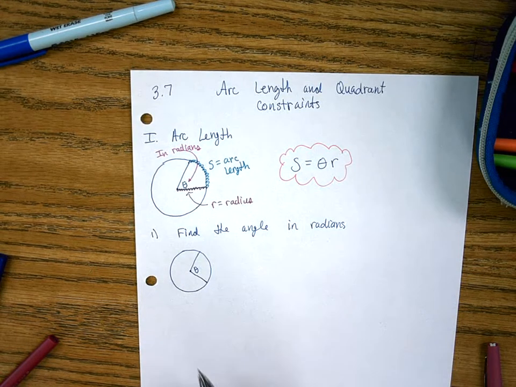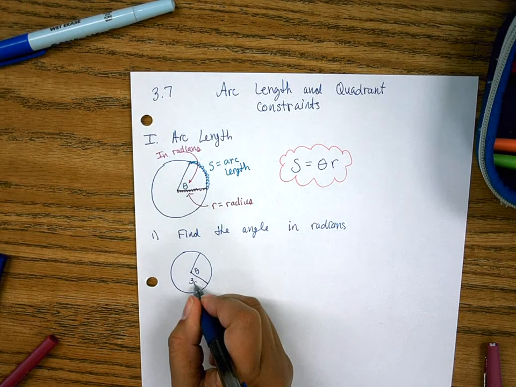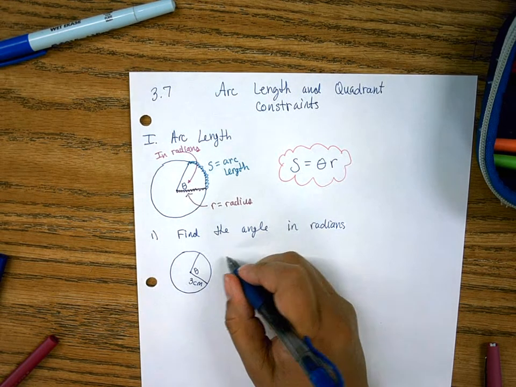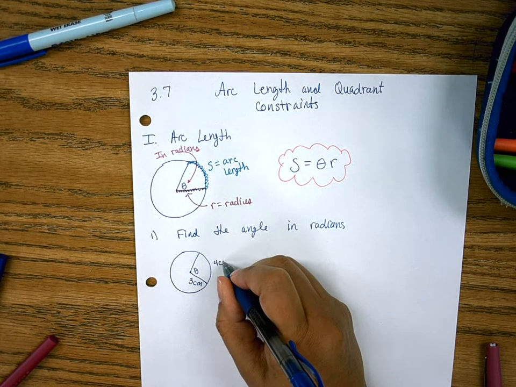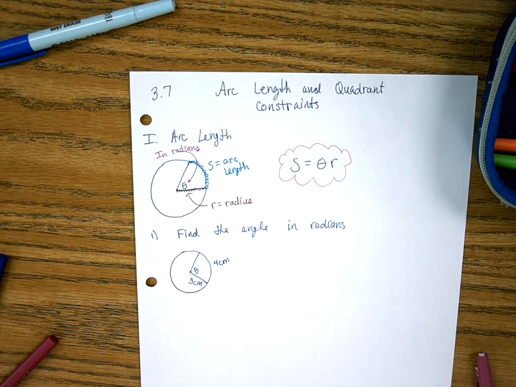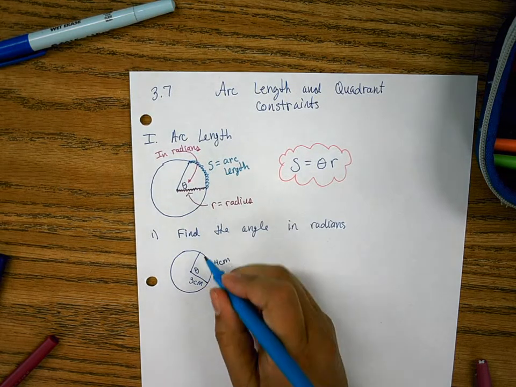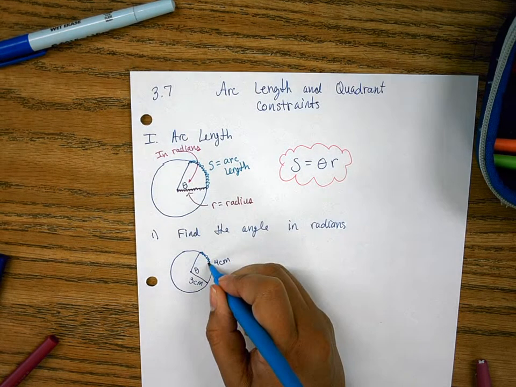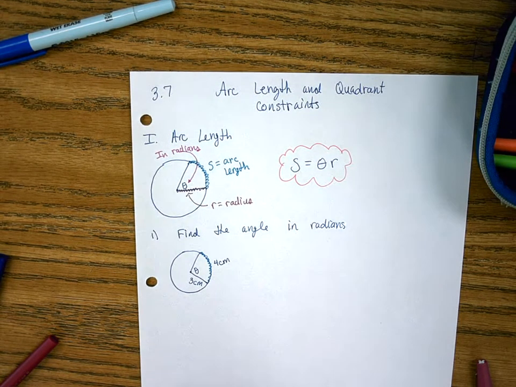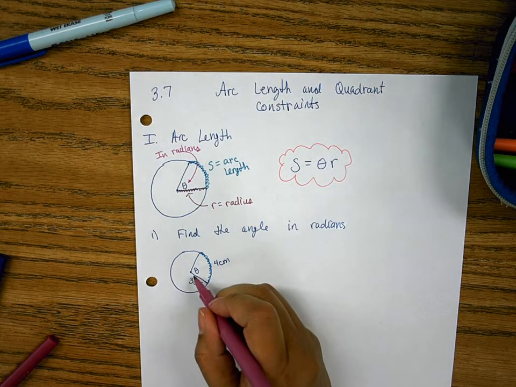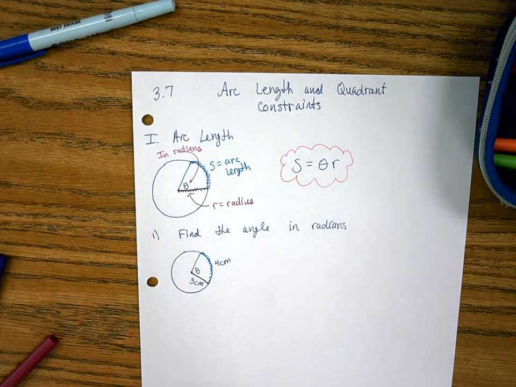Here's theta. This is 3 centimeters, and this is 4 centimeters. So the arc length out here is 4 centimeters. That's the S, and the radius is 3 centimeters.